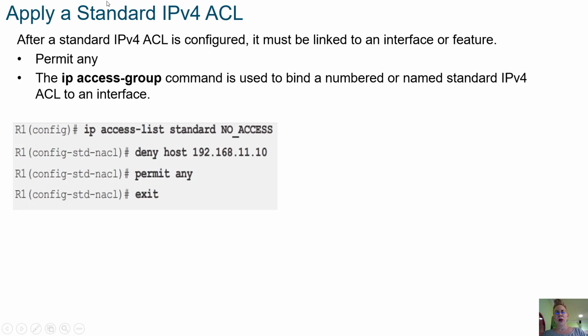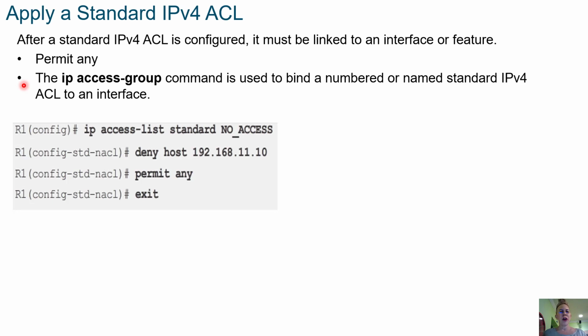So if we're trying to deny this host right here, the 11.10 host, but I wanted to permit the rest of that network, I need to include the permit any, because if I just do deny host 192.168.11.10 and I don't include a permit, what's really going to happen is that entire network would get denied. So don't forget to think about when you may need a permit any.